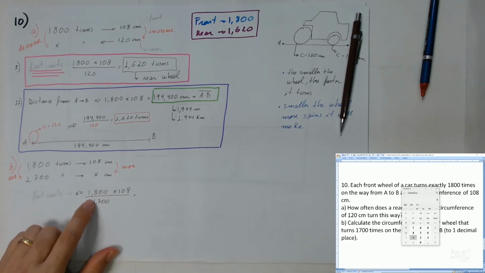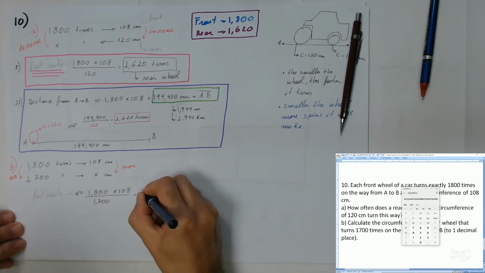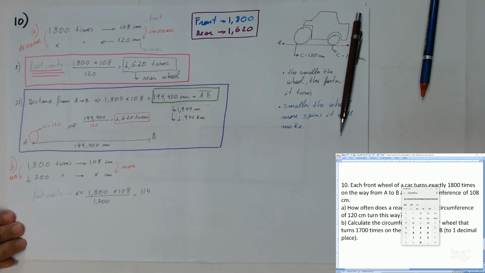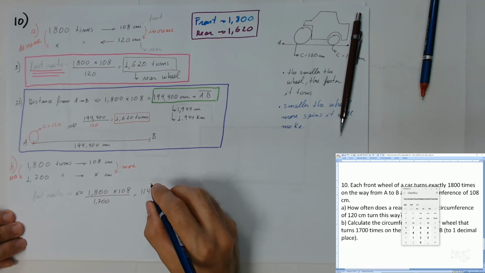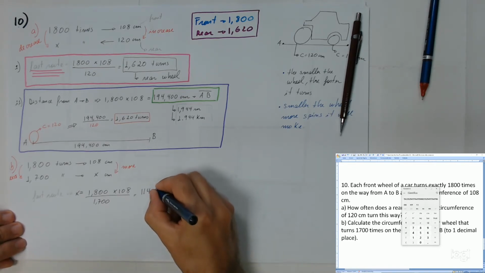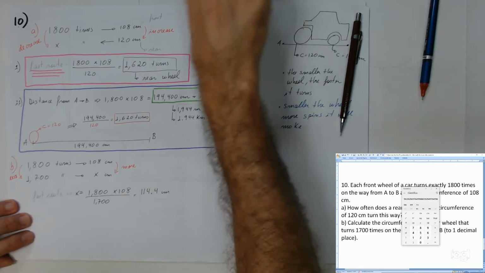Multiply the top divided by the bottom. Okay, 114. Oh, it's saying round in here, can you see? Round to one decimal place. So 114.4, because the 0.35, that 5 brings the 3 to 4. Centimeters. And that's the answer.